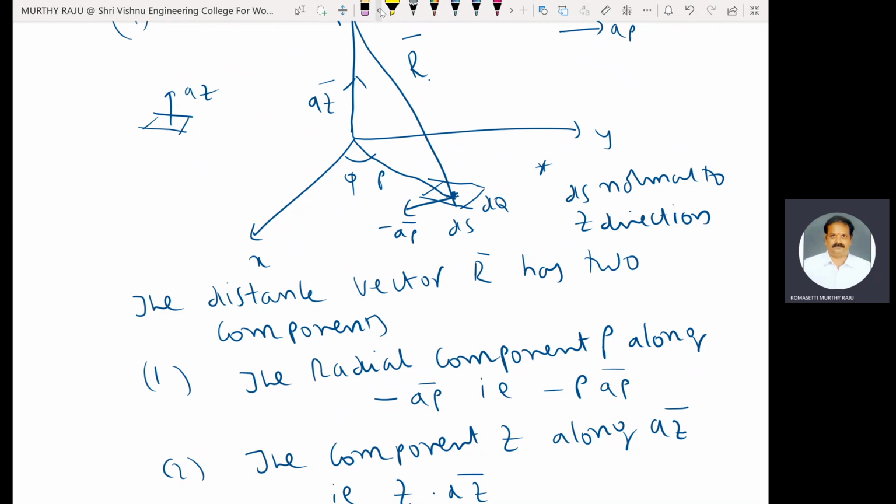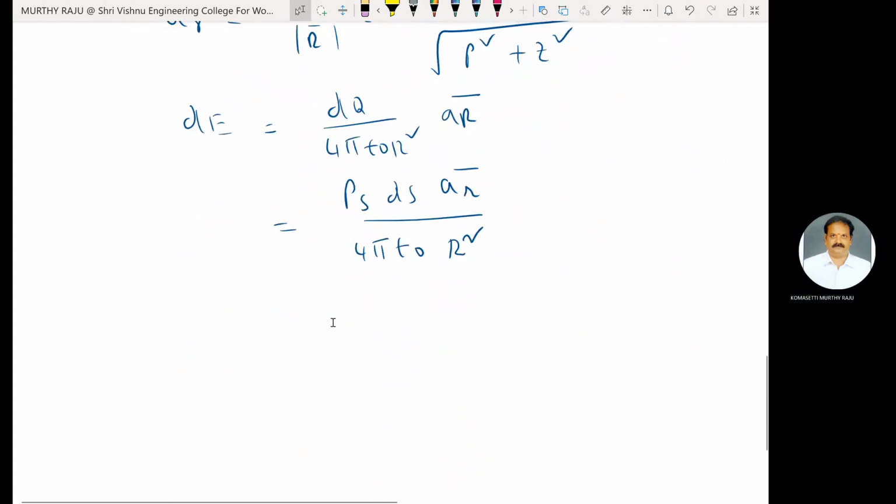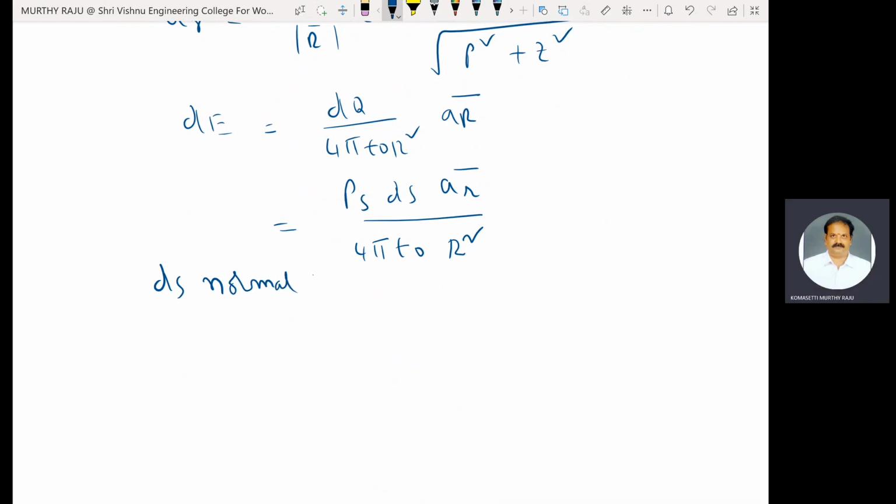ds normal to z direction is rho d rho d phi.